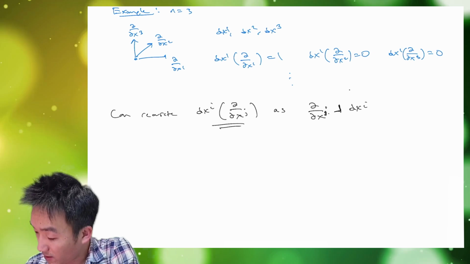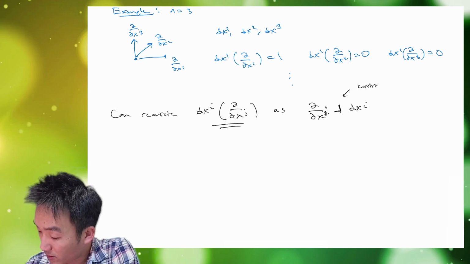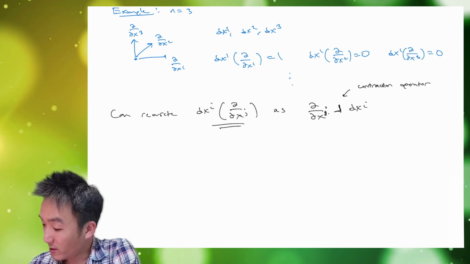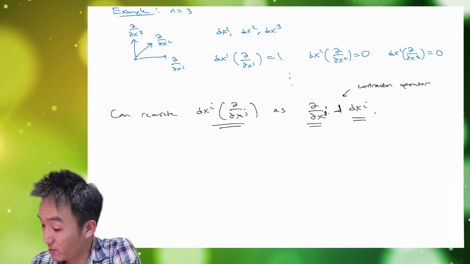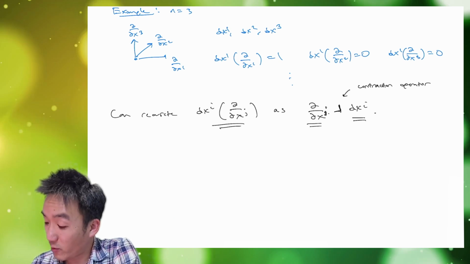So this is the contraction operator. And all this is literally saying is that we're going to take this tangent vector and contract it with this cotangent vector. So it's exactly just this evaluation we have in this first expression.